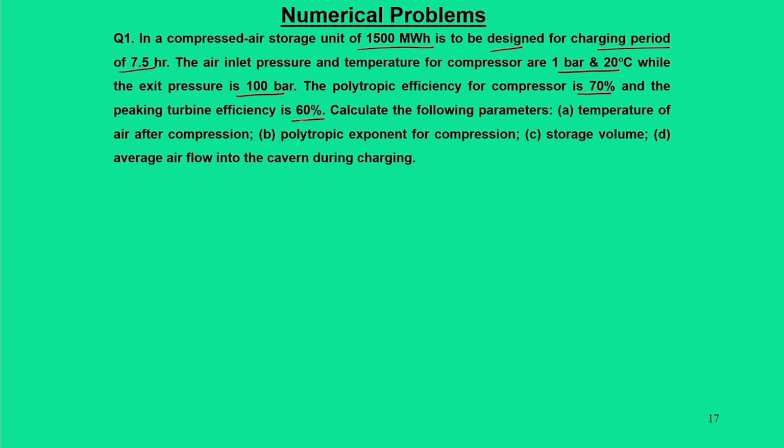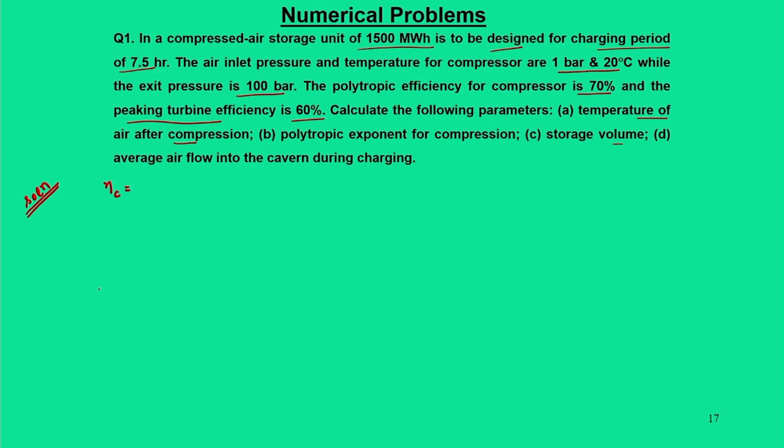Here we will use the word peaking turbine, because the turbine runs during the peak demand. We need to find the temperature of air after compression, polytropic exponent, storage volume, and average air flow rate during charging. To solve the problem, let us first understand what data has been given.